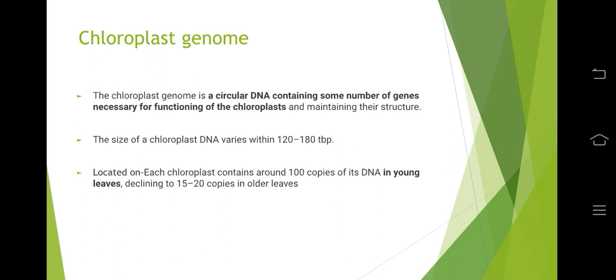Then chloroplast genome. The chloroplast genome is a circular DNA containing a number of genes necessary for functioning of the chloroplast and maintaining its structure. The size of the chloroplast DNA varies within 120 to 180 kbp. Each chloroplast contains around 100 copies of its DNA in young leaves, declining to 15 to 20 copies in older leaves.